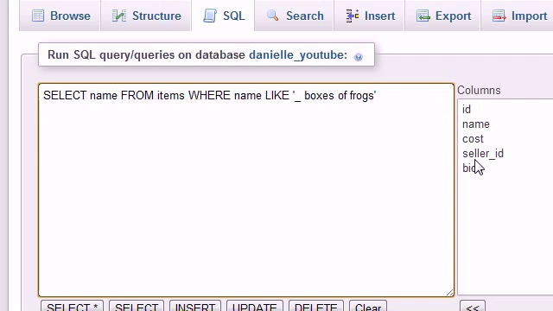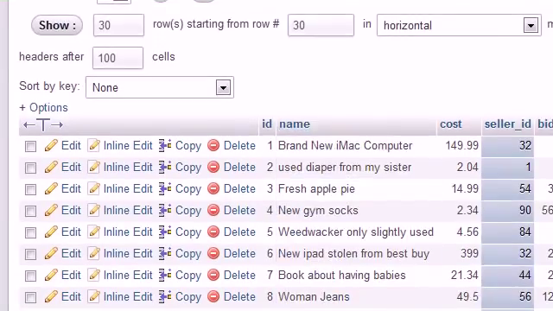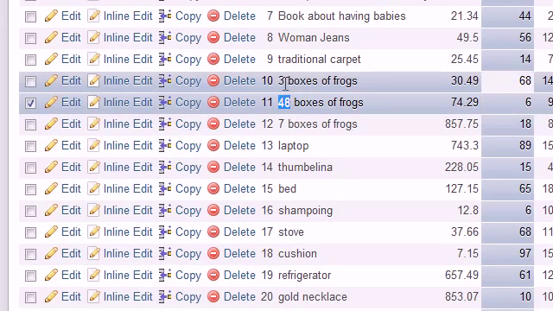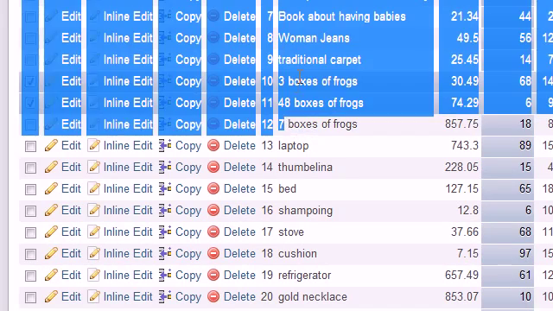Now, unlike the percent sign, this underscore character means only a single character. So therefore, if there is more than one character that can fit this place, for example, 48, that's more than one character, and we are asking for only a single character that could fit in this place. So that's why 48 boxes of frogs didn't pop up, but 3 and 7 did.